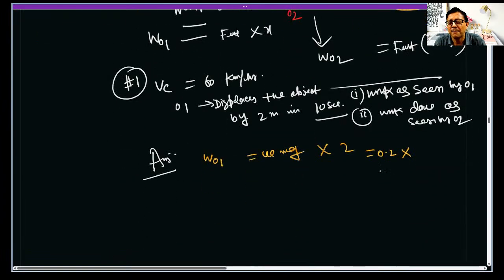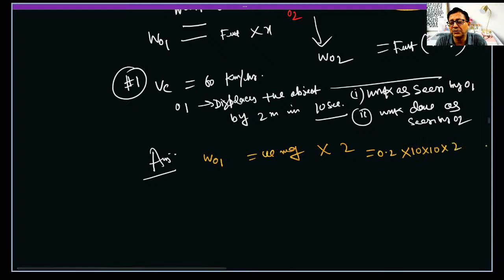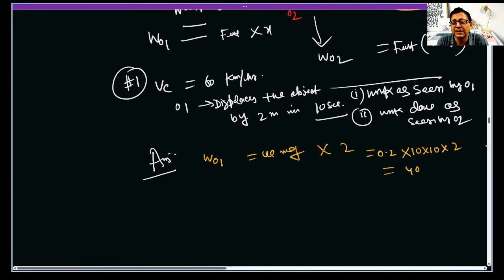So 0.2 into 10 into 10 into 2, that is 200 into 0.2, that is 40 joule. M is this, g is this, and displacement is 2, so this is 40 joules.